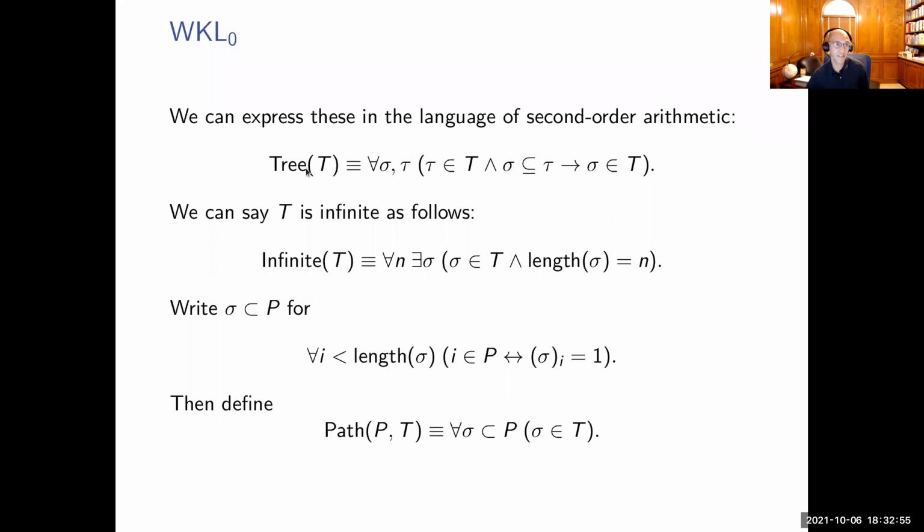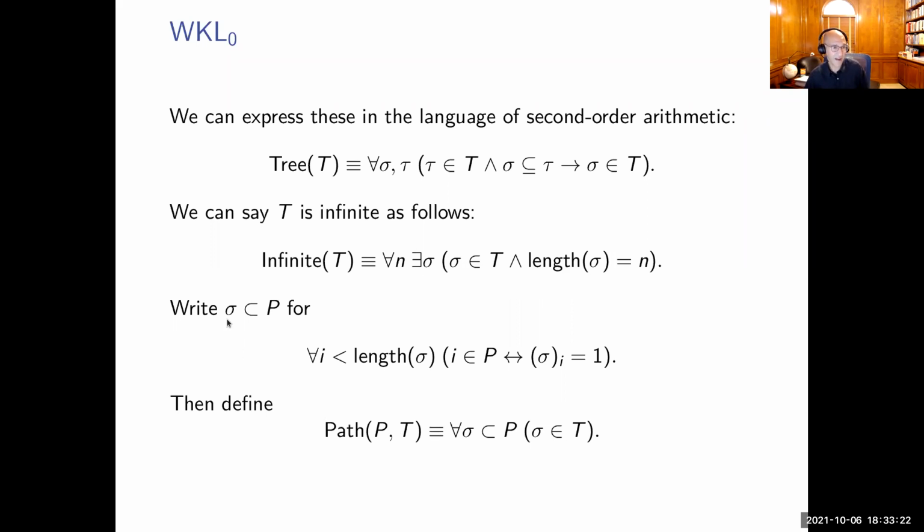You can say that something is a tree by saying that for every pair of binary sequences σ, τ, if τ is in the tree and σ is a subset of τ, then σ is in the tree. You can say that the tree is infinite by saying that for every n, there's something in the tree of length n. There's some node at the nth level. I said that you can think of a set of numbers P as representing an infinite branch.